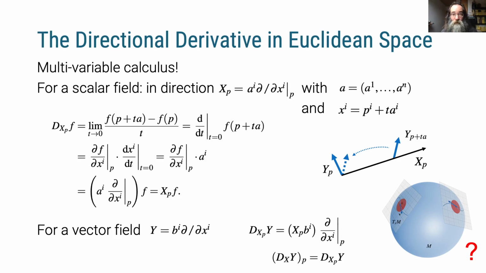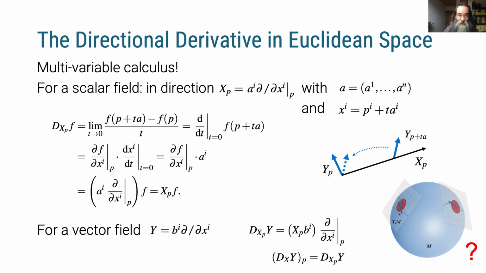Let's say we want to differentiate a scalar field f in the direction X_p, a vector X located at p, and we think of this as a differential operator. We can write it with components a^i of the vector X, and we can define a line through p in direction a^i by defining x^i equals p^i plus t a^i, of course.